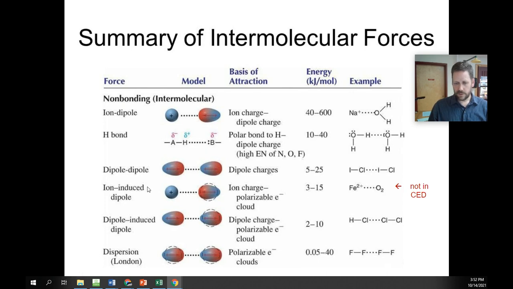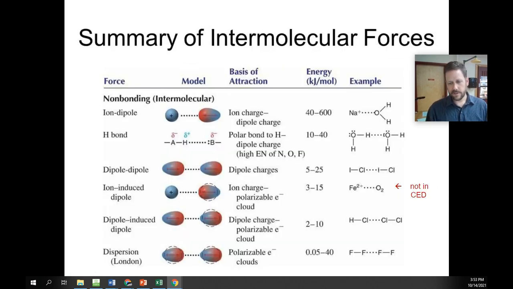You might see here also that there are ion-induced dipole interactions, and these are not included in the AP Chemistry course and exam description, but it doesn't take too much imagination to consider how these will operate. But we won't focus on those because they're not emphasized in our course curriculum.